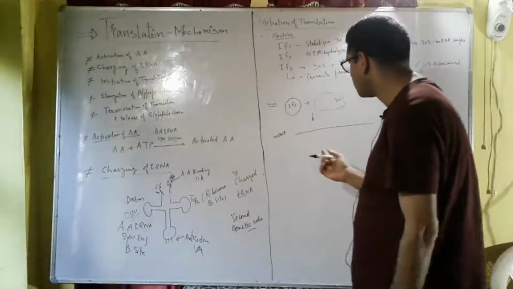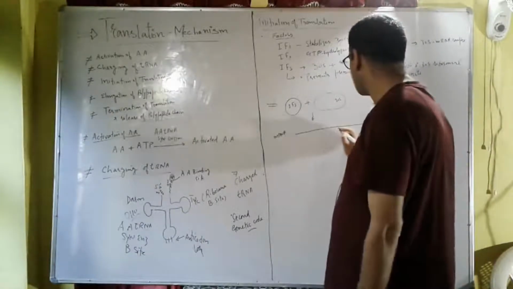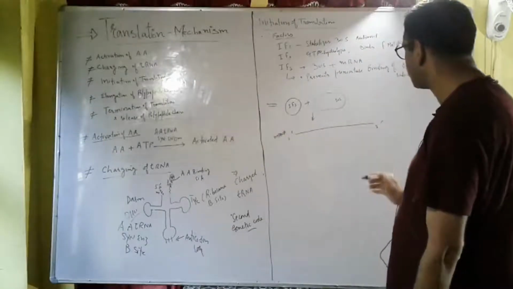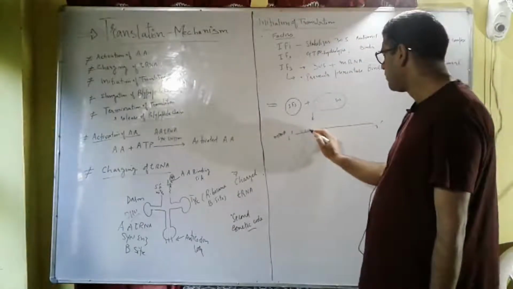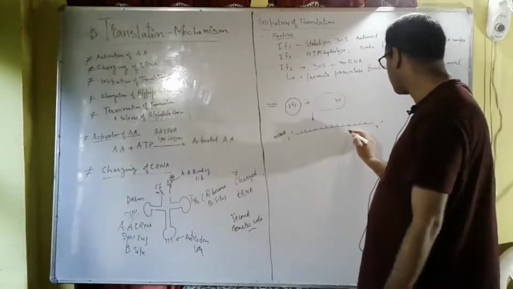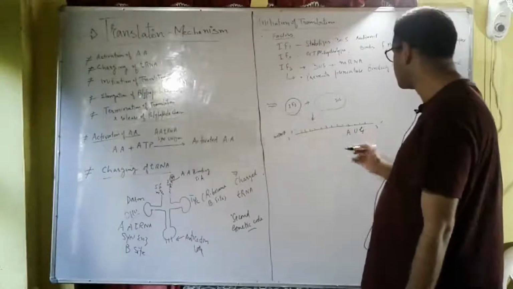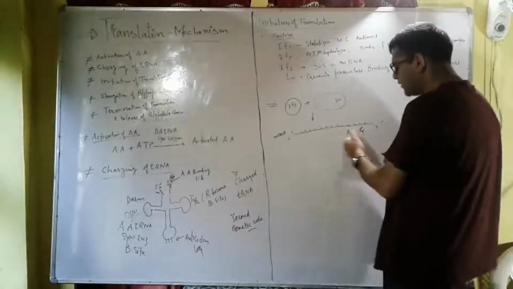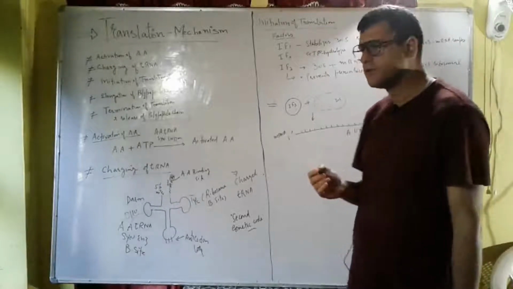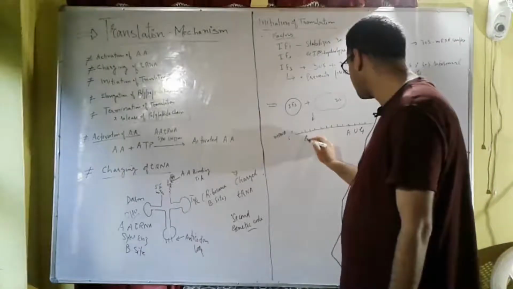So we have the 5' end of mRNA and the 3' end of mRNA. We have codons on the mRNA. Obviously, AUG is the initiation codon, and preceding the initiation codon there is a sequence called the Shine-Dalgarno sequence, AGG.